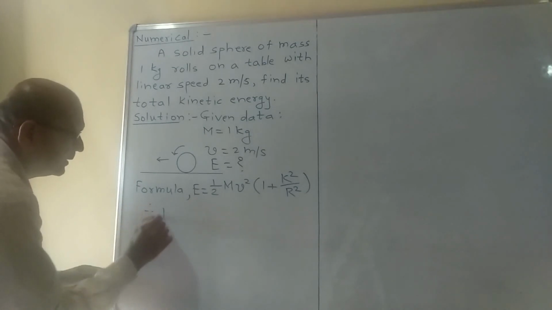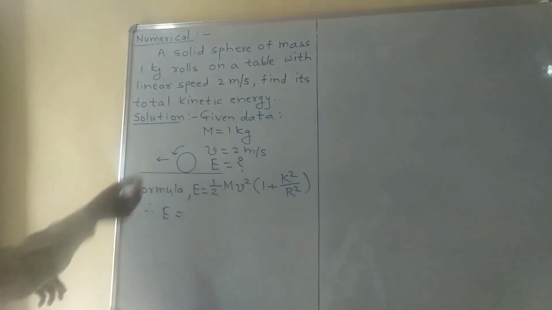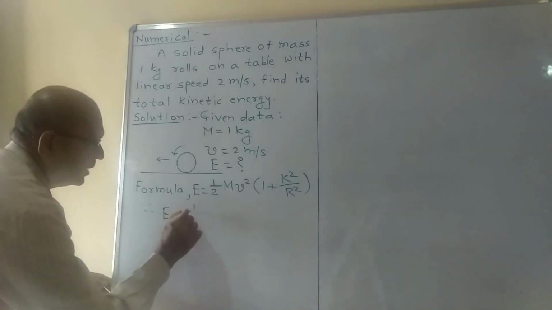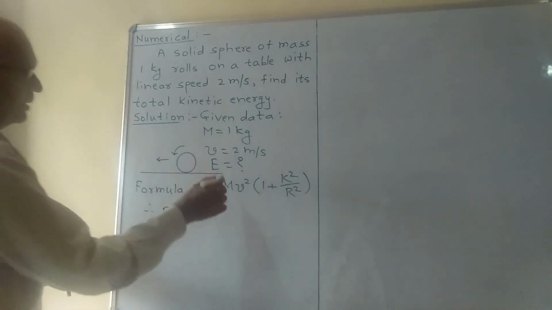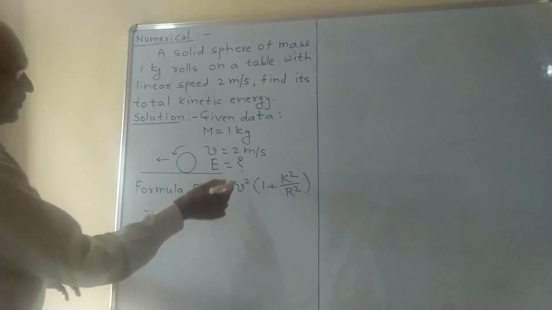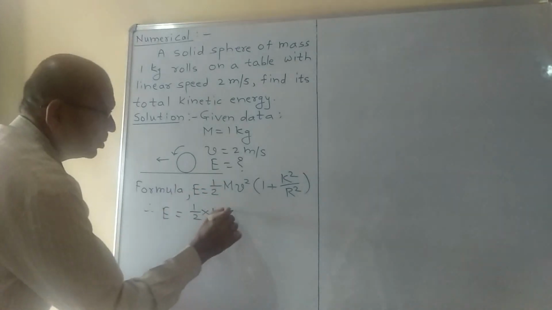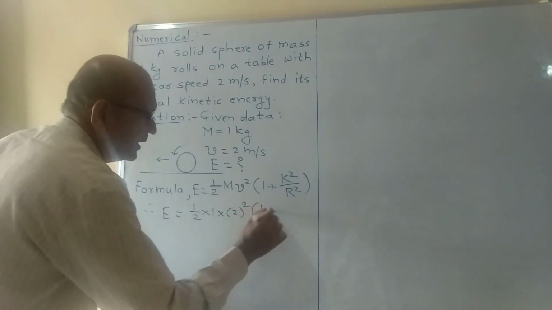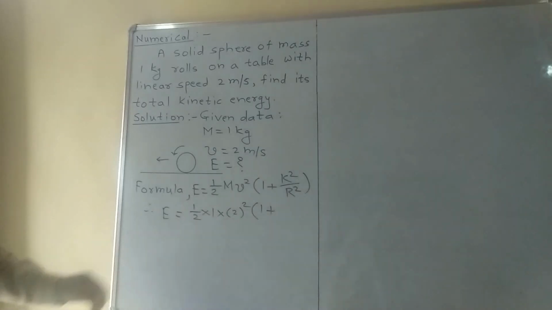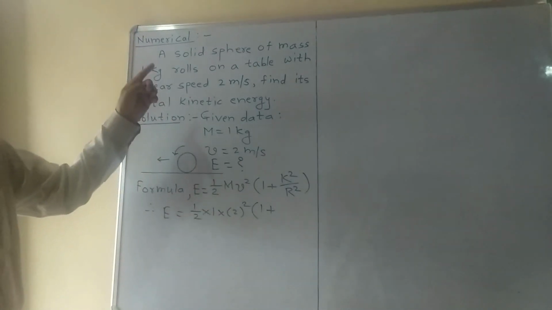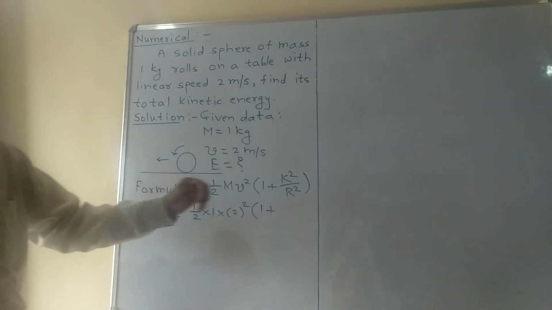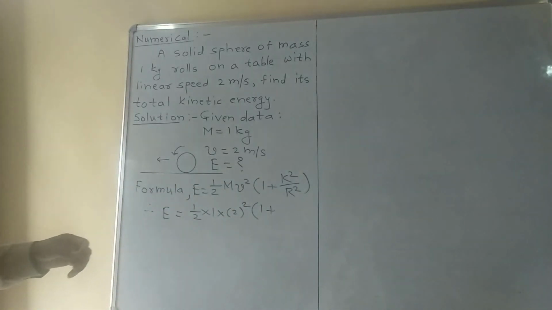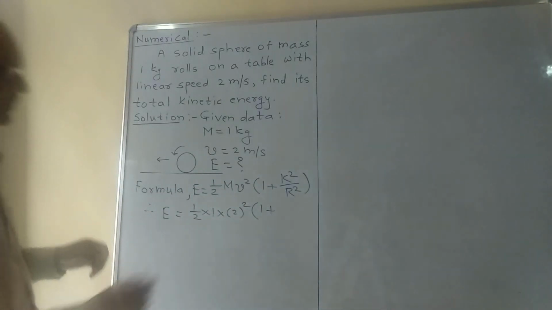Therefore, E equals, here we have to substitute the values. 1 half into 1 into 2 square, in another bracket 1 plus, now we should note, for a rolling solid sphere, k square upon r square is equal to 2 by 5.